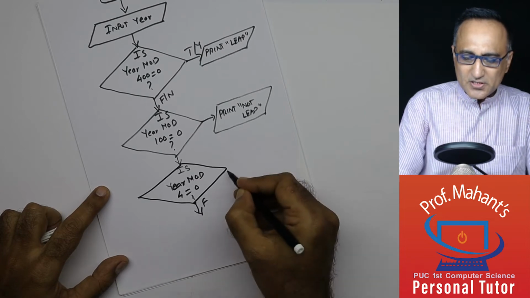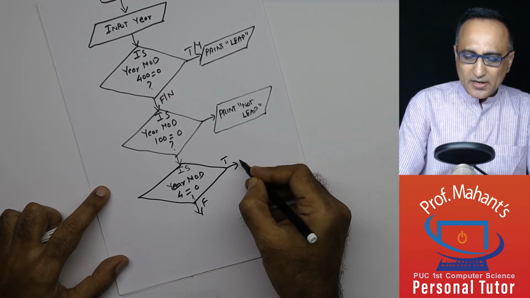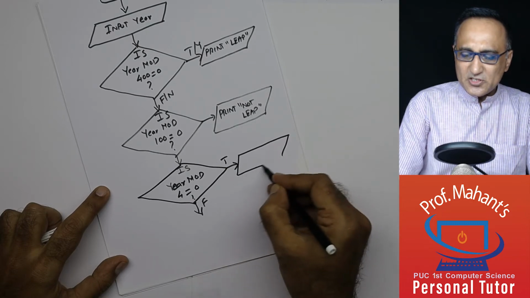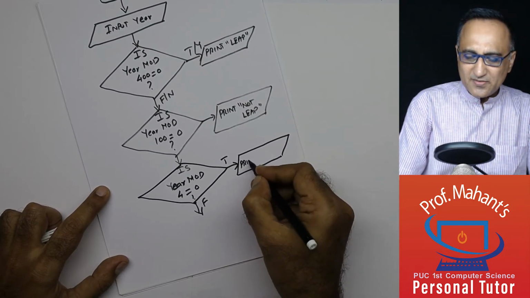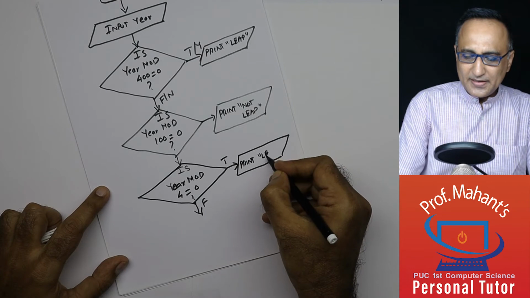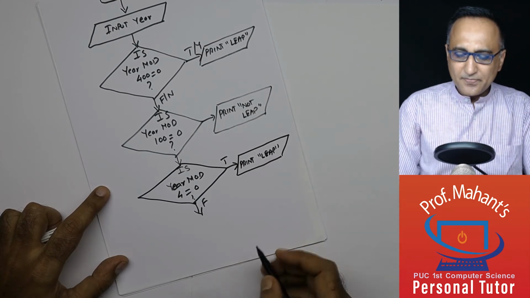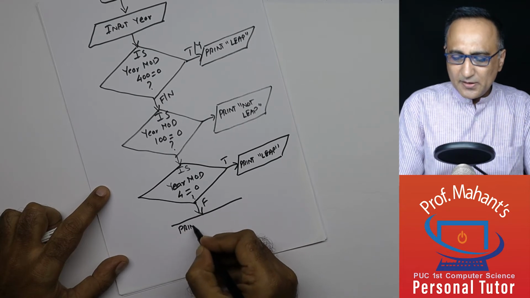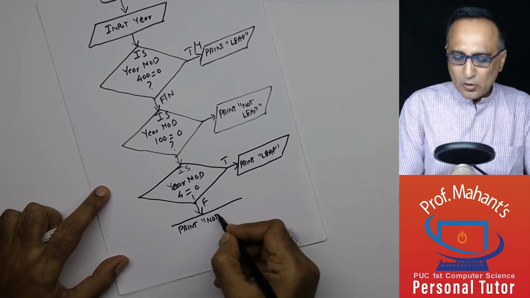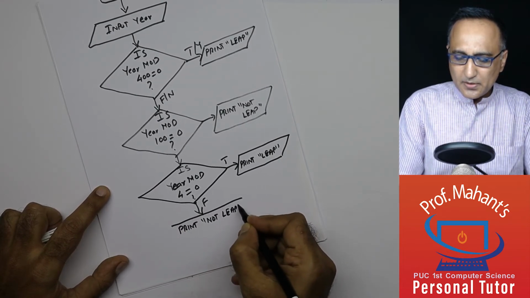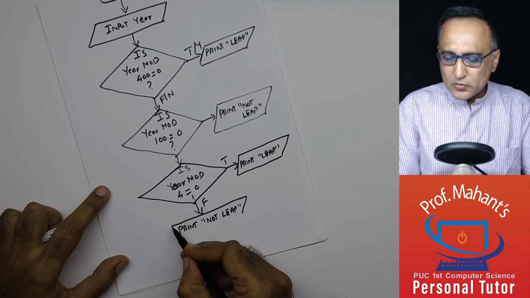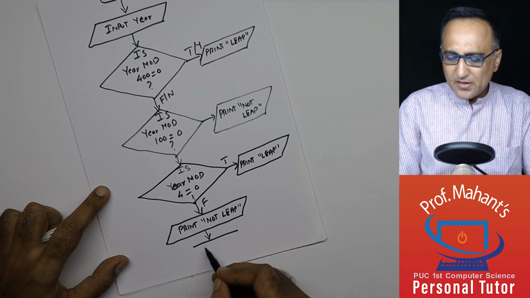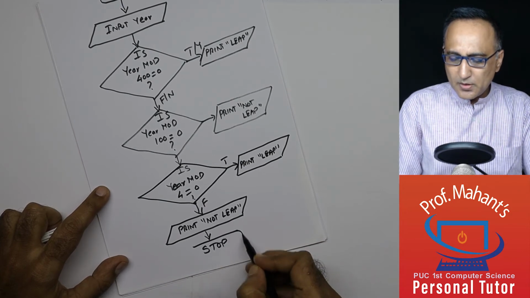This can be false, this can be true. If the year is a non-century year and it is divisible by 4, I can straight away say print leap. And this is an easy case. This is definitely not a leap year. Not leap. So I do it like this. And then I can come here and do a stop.